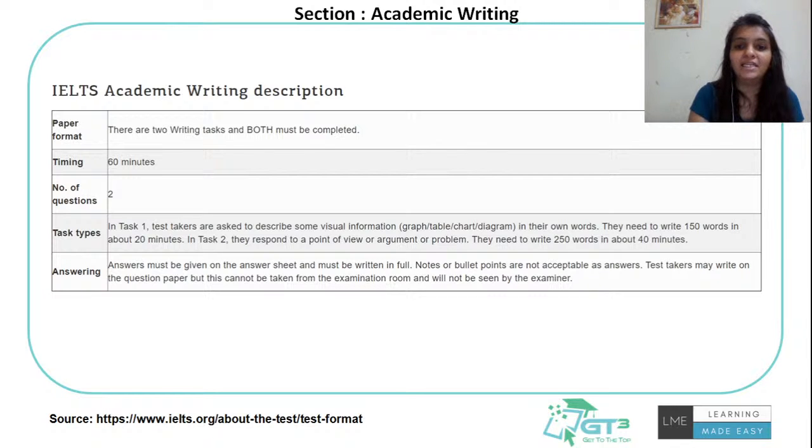You'll be allocated 60 minutes for both tasks. As task 1 has less weightage, at 150 words, you can give 20 minutes to task 1, and the remaining 40 minutes to task 2, as it carries 250 words weightage. So this is something about the academic writing.